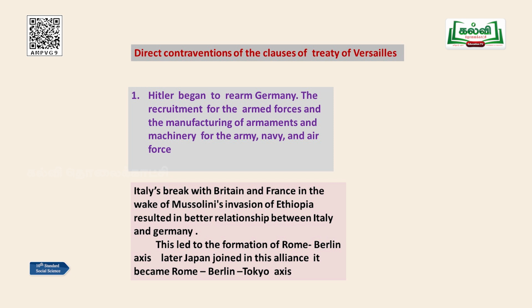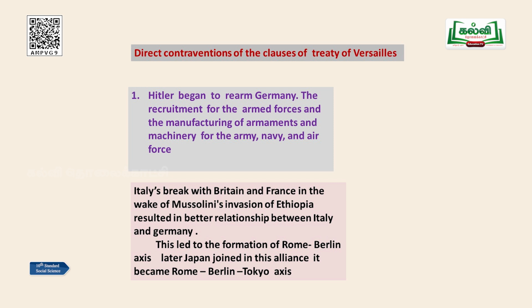Later, Japan also joined this alliance. So when Japan joined with Italy and Germany, it turned into the Rome-Berlin-Tokyo axis. How did it turn? It turned into the Rome-Berlin-Tokyo axis.